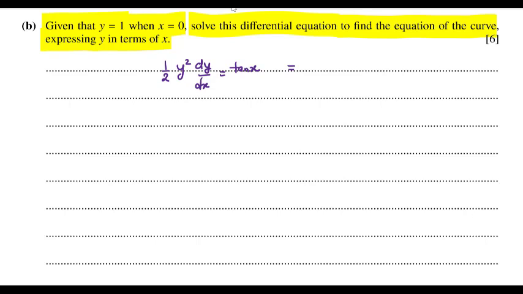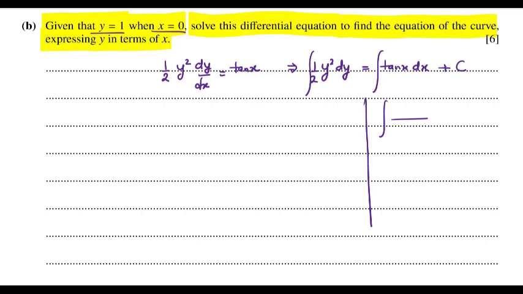So this can be written as half y square dy equals tan x dx, and then we will integrate both the sides. Left hand side integration is easy because it's just y square. We will separately solve the integration of right hand side, that is integration of tan x. As such we don't have the formula for it, so we will write tan x as sin x upon cos x dx.